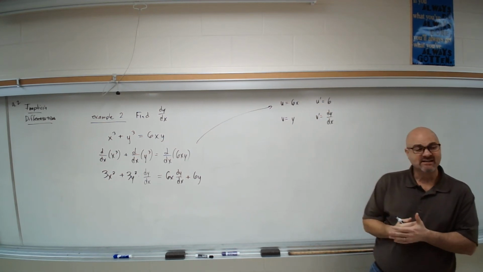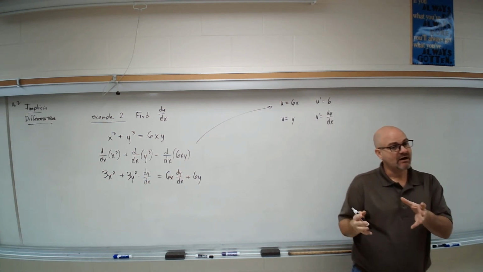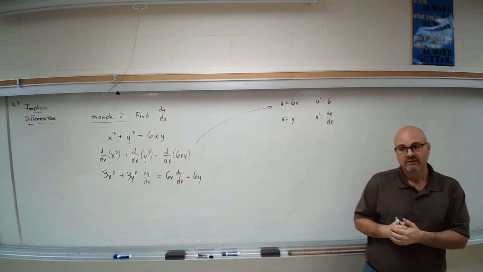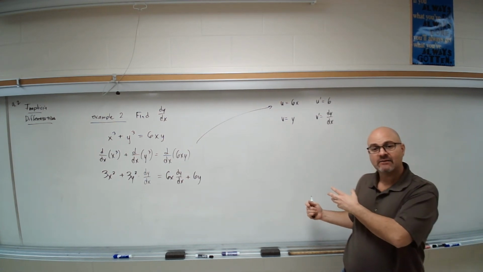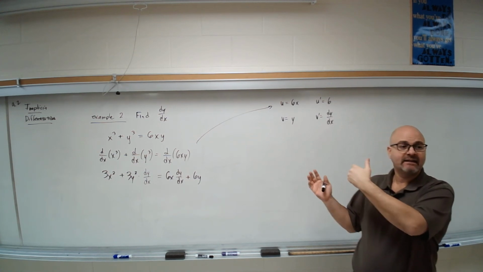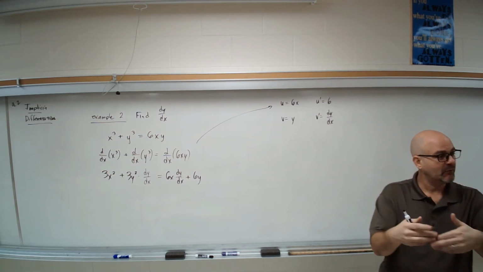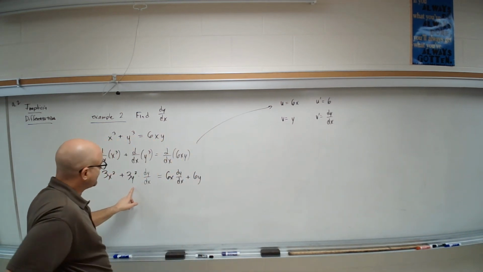Now our goal is to find dy over dx, so we have to rearrange this to where we get dy over dx equals. If you think back to solving, what that means is anything with the dy over dx is going to be on one side of the equation, anything without is on the other side, and then we'll factor it out. So to do that, I like this side over here, right?